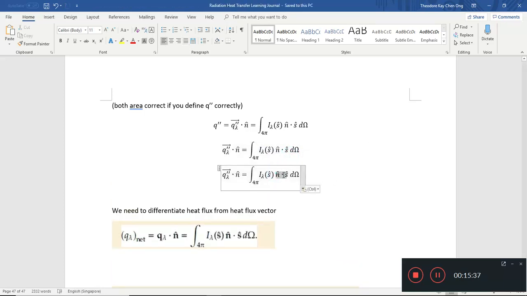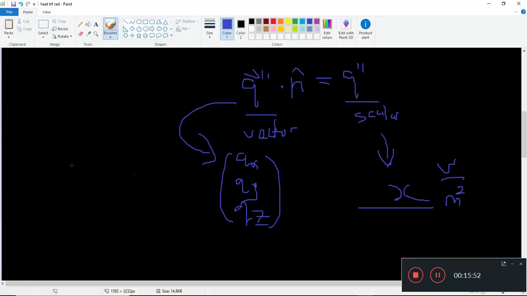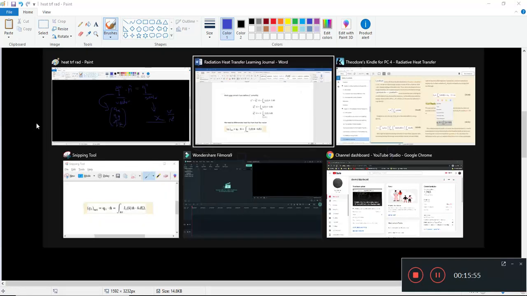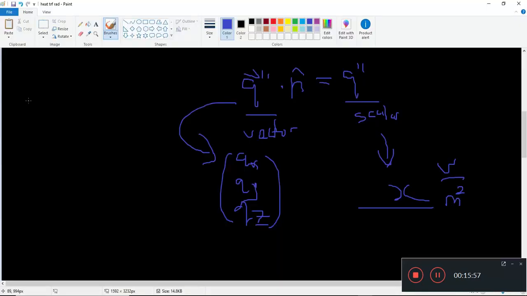We can do that because this direction vector is pretty independent of the solid angle. Okay, and if we apply the commutative law, I think it's commutative law, let's say, okay, A, B, C. If this x vector is ABC, this vector is DEF.